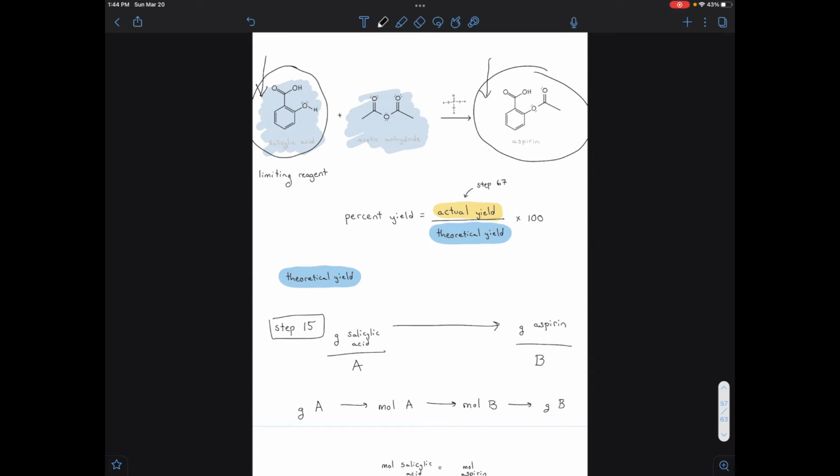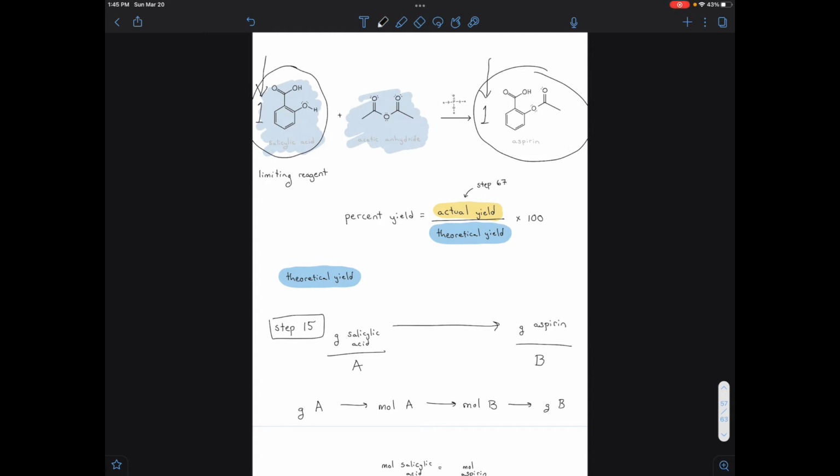So there are no molar coefficients. If no number is written in, there's an implied 1. So the only time a number wouldn't be written in is if there's an implied 1. And what that means is for every 1 mole of salicylic acid that you use, you'll get 1 mole of aspirin in this reaction.